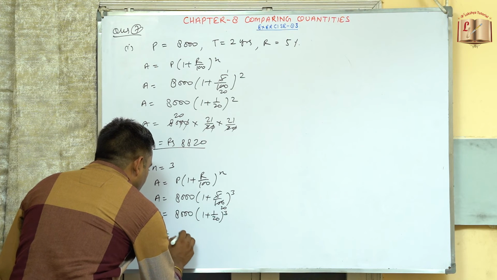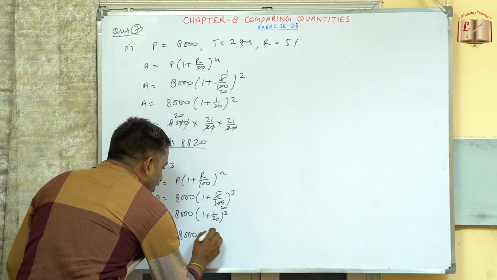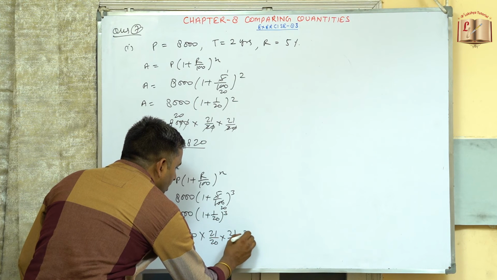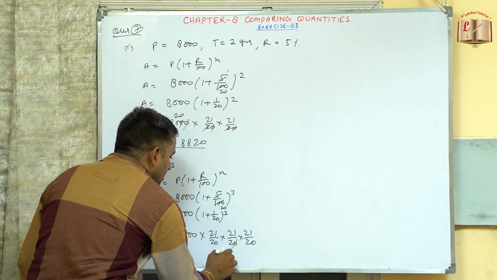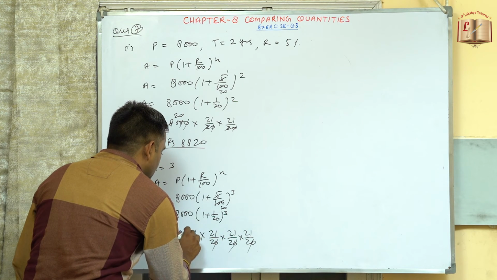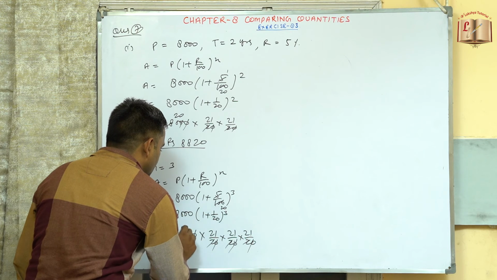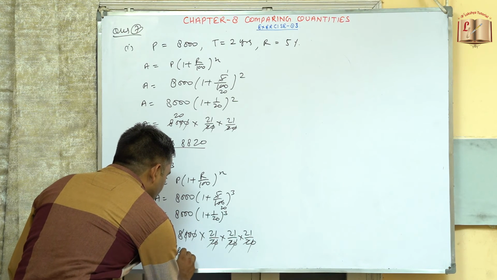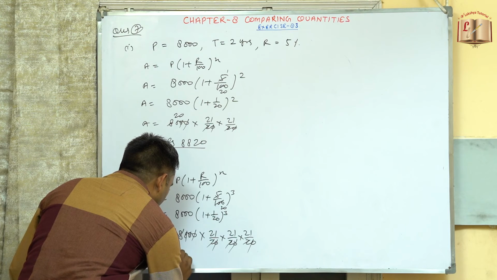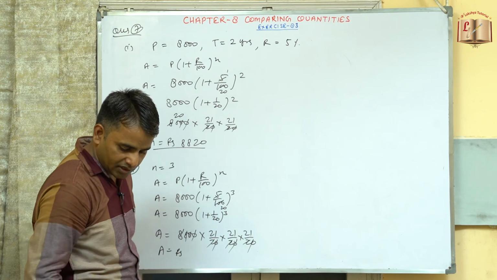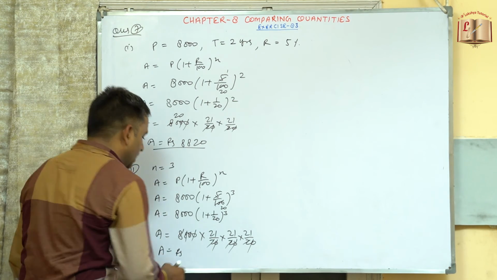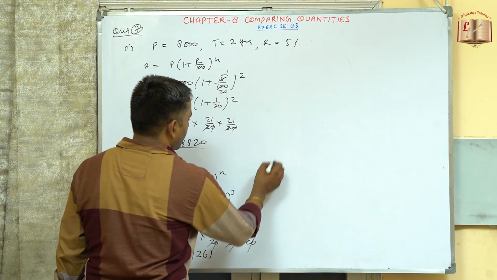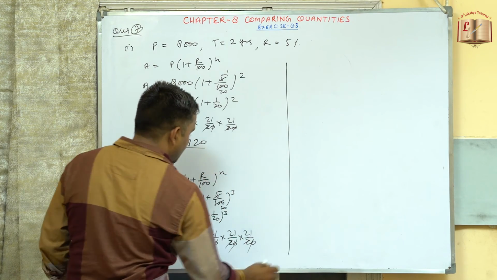So here A will be equal to now 8,000 into 21 by 20, 21 by 20 into 21 by 20. Zeros cancelled and 8 this is cancelled. So now A will be equal to rupees 21 cube. So this is 9,261 rupees.